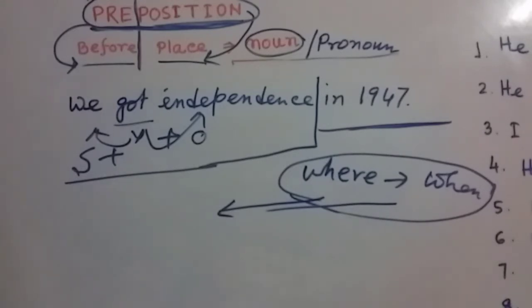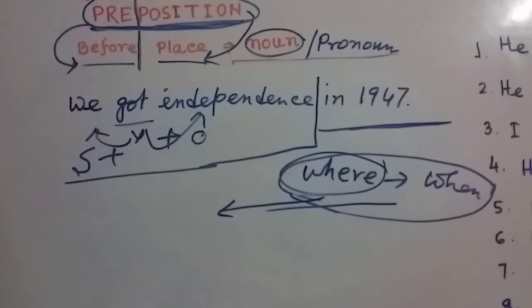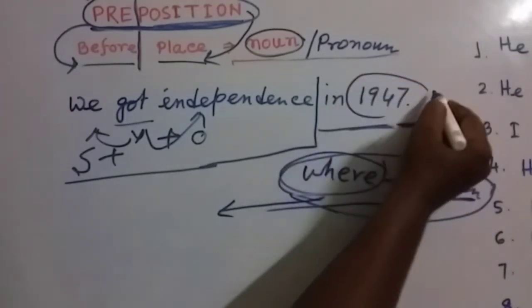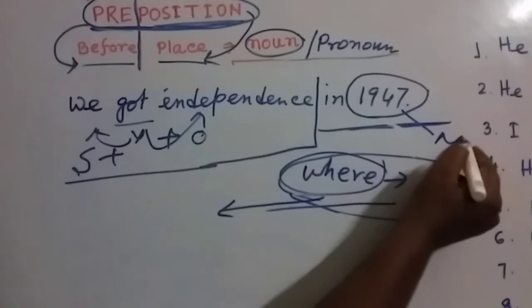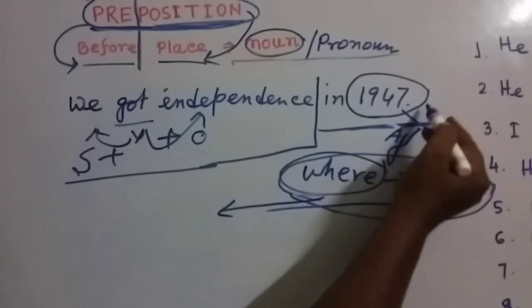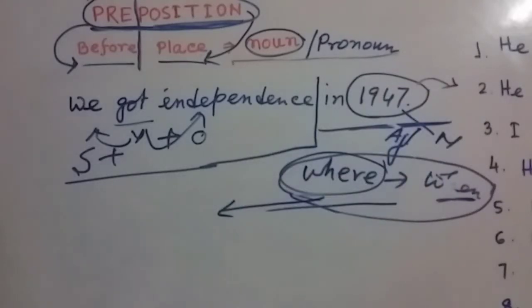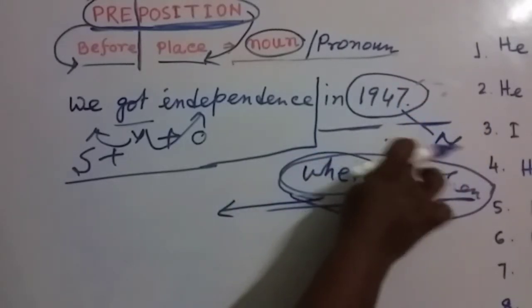So my dear friends, here there is no where part, so we have to think about the when part. My dear friends, this is a number, 1947. So this number, you know, may be a noun, or it may be an adjective. If it is an adjective, after that obviously there will be a noun, but there is no such noun, so it's not an adjective, it's a noun.